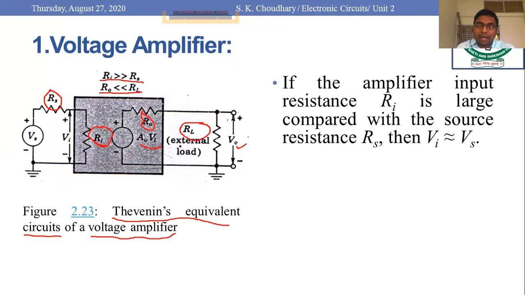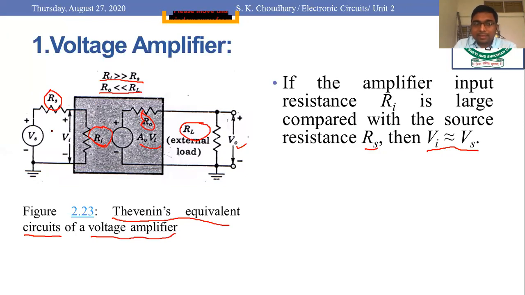If the amplifier input resistance Ri is large compared to the source resistance Rs, then Vi is equal to Vs. We can say that Vi is equivalent to Vs. That is the benefit of keeping Ri very much larger than Rs. We can see it easily in the diagram. If Ri is very much larger than Rs, the voltage drop across Rs is negligible compared to the voltage drop across Ri.